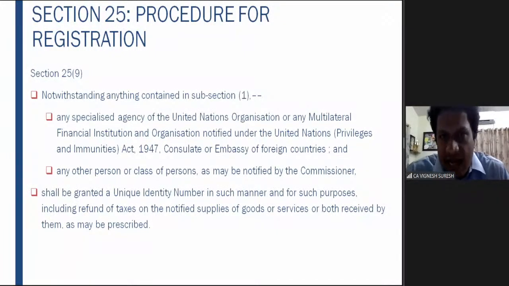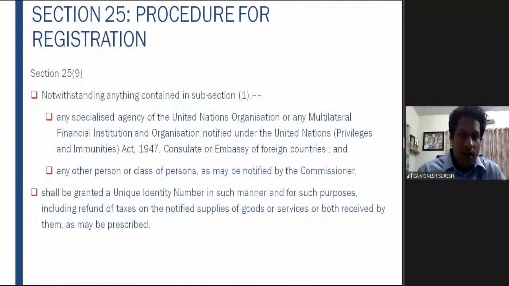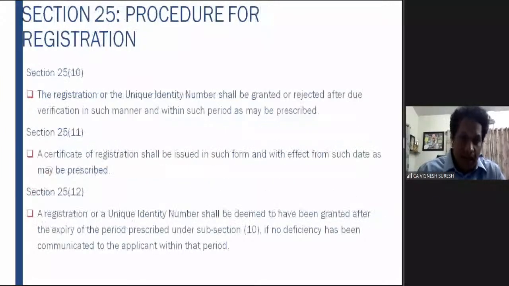So in cases such as the United Nations offices and embassies, they might get some incentives with regard to the expenses they incur and the GST they pay on those expenses when they set up their offices in India. That comes as a benefit for them, and therefore, instead of a GST registration, a unique identification number is given so that they are able to avail the benefits. That is what is covered under 25 subsection 9.